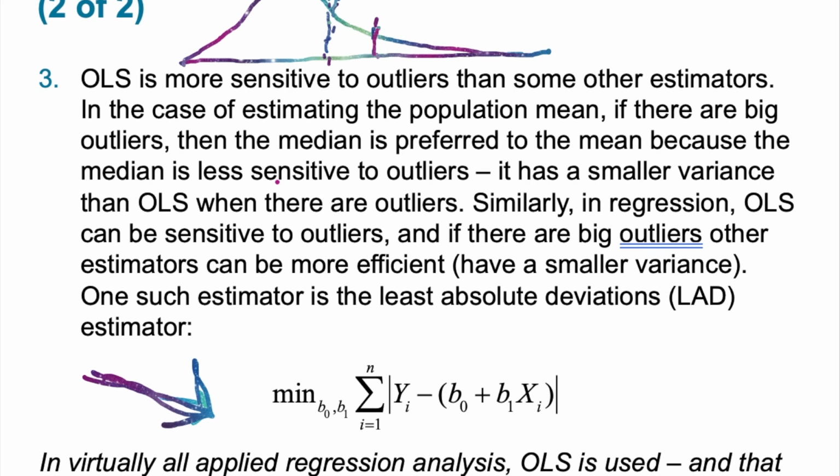Okay, and so what we see here is that the absolute value of the prediction mistake is used instead of the square of the prediction mistake. And this puts less weight on the outliers by using the absolute value instead of the square.